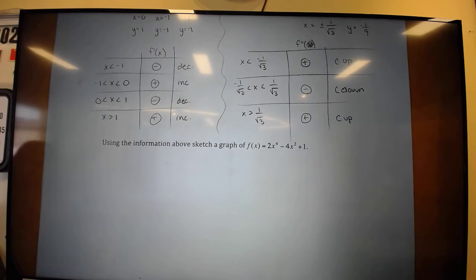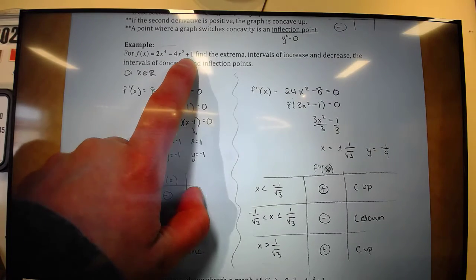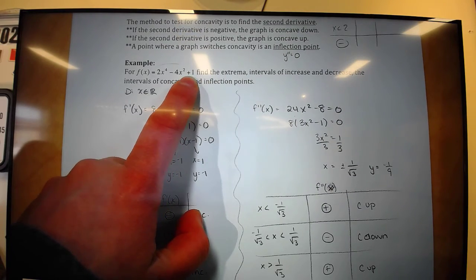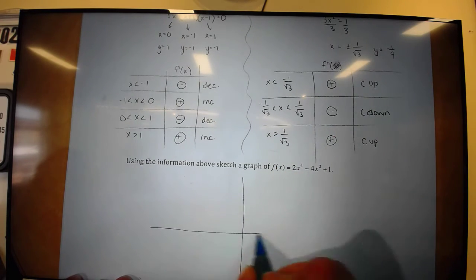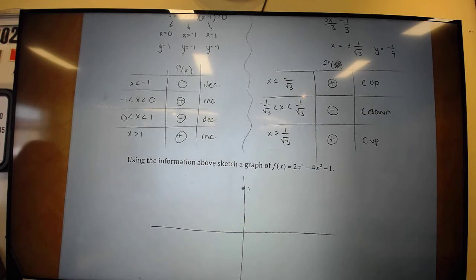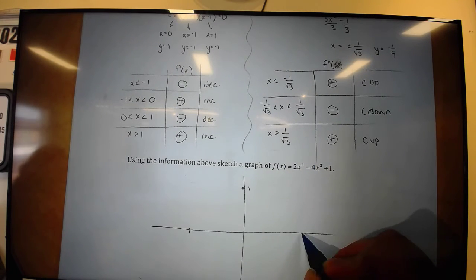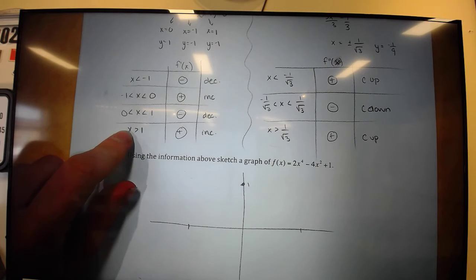Okay, so the next thing that we're going to do is sketch this graph. And it's going to look something like this. So right away from the beginning, we know that we've got a y-intercept at 1. So we can sketch that in right away. So here's 1. There's a point that we know. We know that at negative 1 and positive 1, we've got maxes and mins, right?